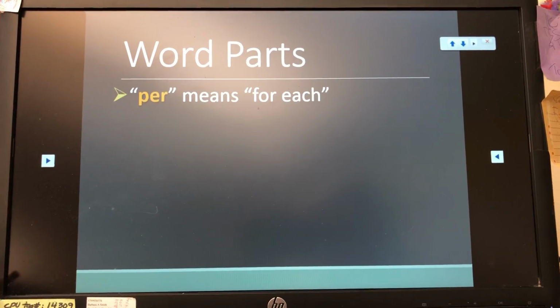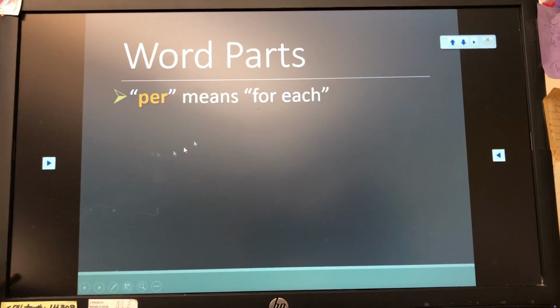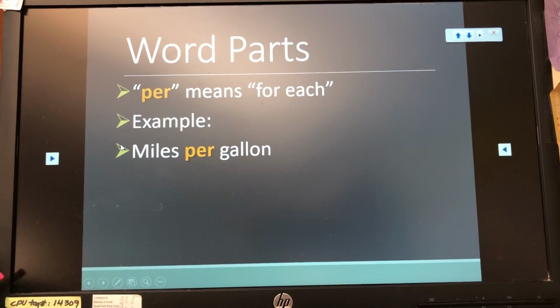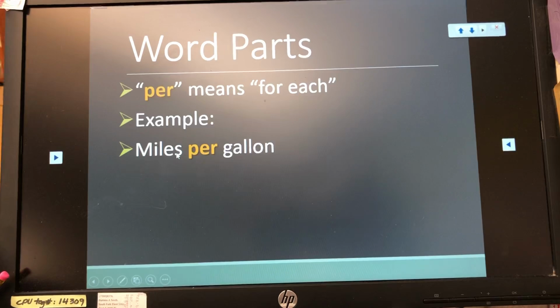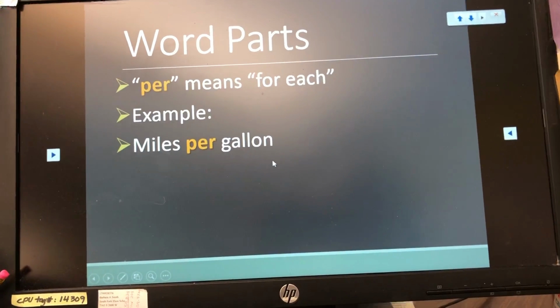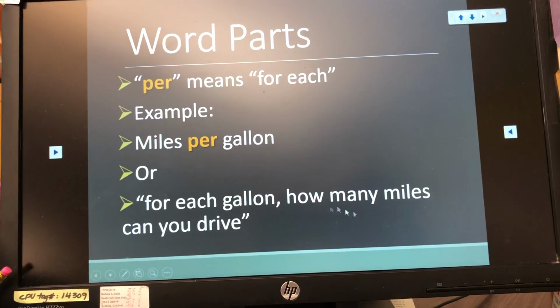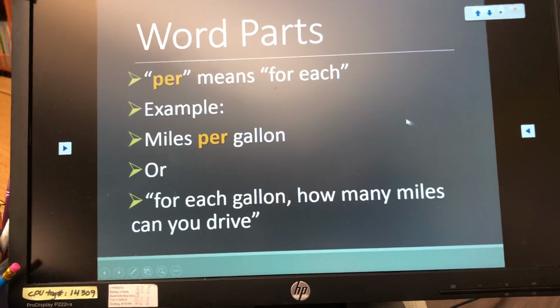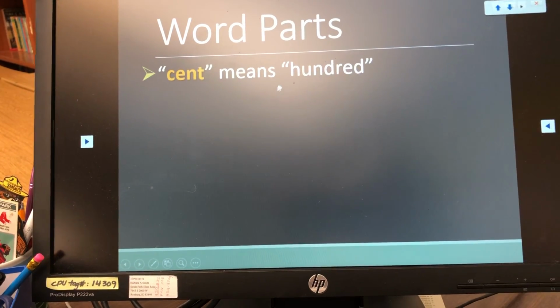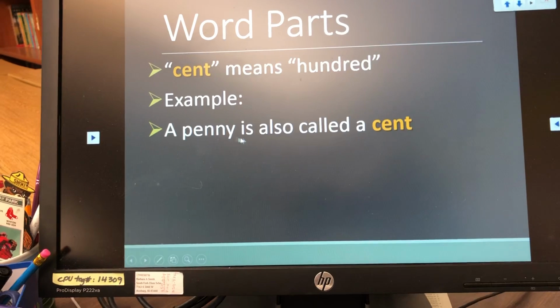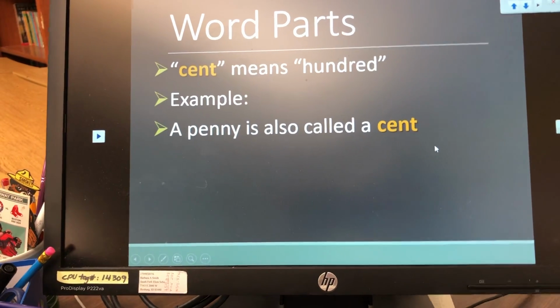Per means for each. That's what the word part means. For example, miles per gallon. How many miles do you get for each gallon? Or for each gallon, how many miles can you drive? Okay? And the word part, cent, means 100. For example, a penny is also called a cent.